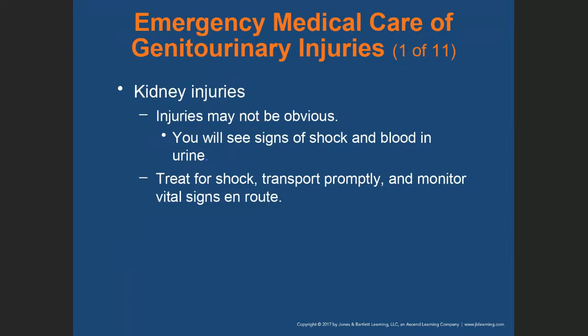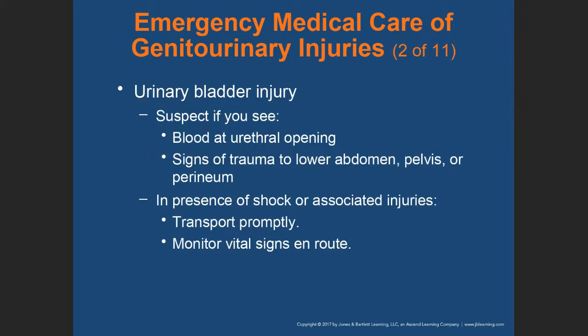Now let's look specifically at emergency medical care of genitourinary injuries. Kidney injuries. Injuries may not be obvious. You will see signs of shock and blood in the urine. Treat for shock, transport promptly, and monitor vital signs en route.